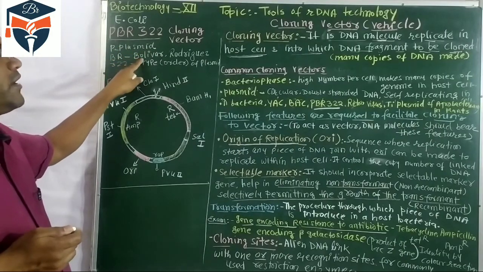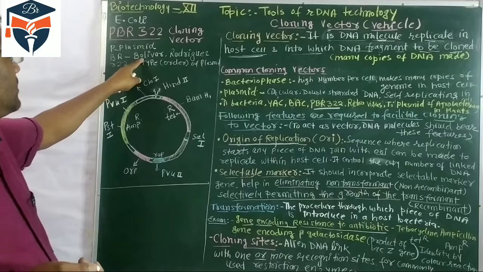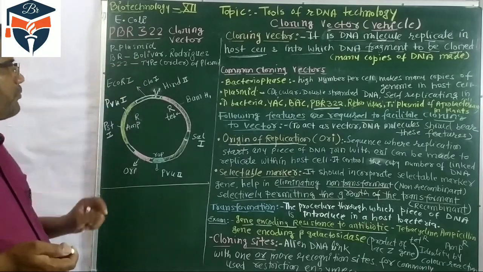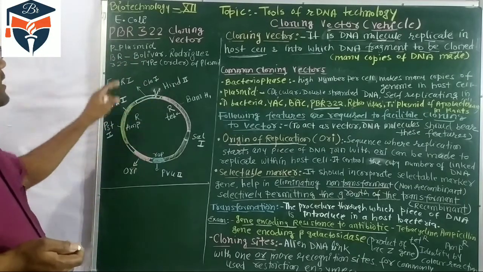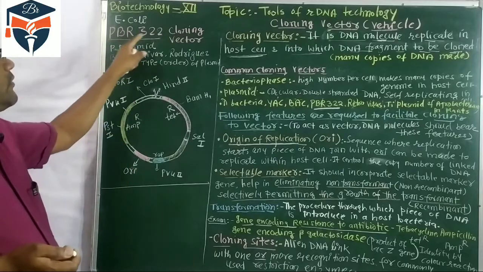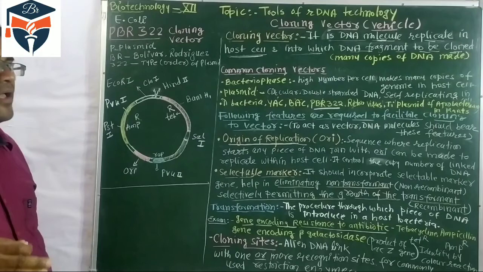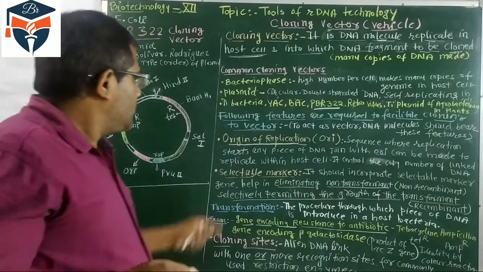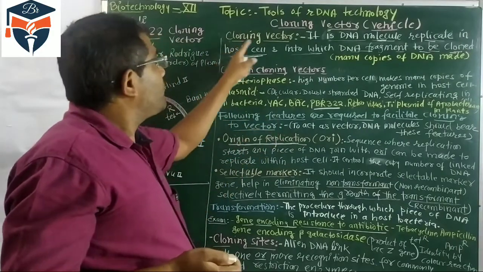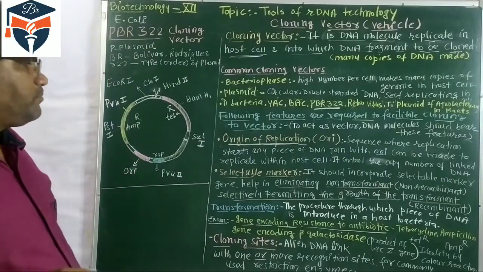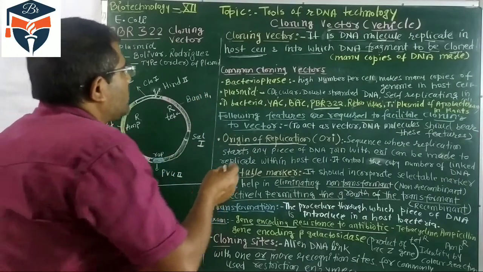So pBR322 is P for plasmid, BR for Bolivar and Rodriguez, the scientists, and 322. Now, this diagram is of the pBR322 cloning vector. By this example, we can understand the characteristics of the cloning vector very easily.